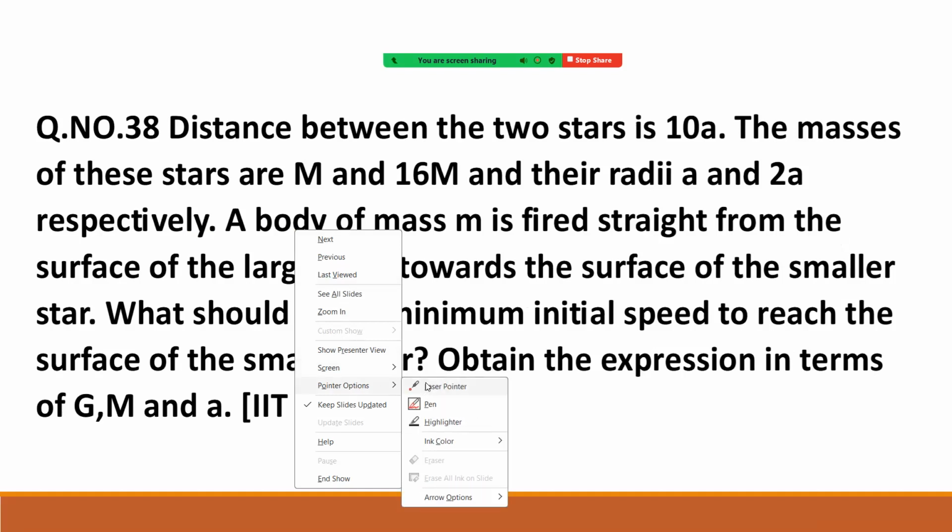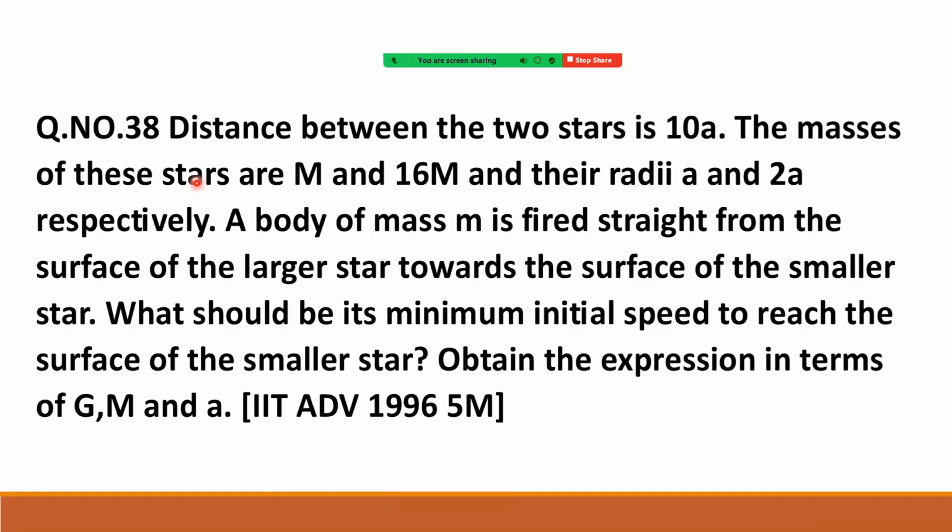See what is the question given here. Distance between two stars is 10A. The masses of these stars are M and 16M and their radii A and 2A respectively.